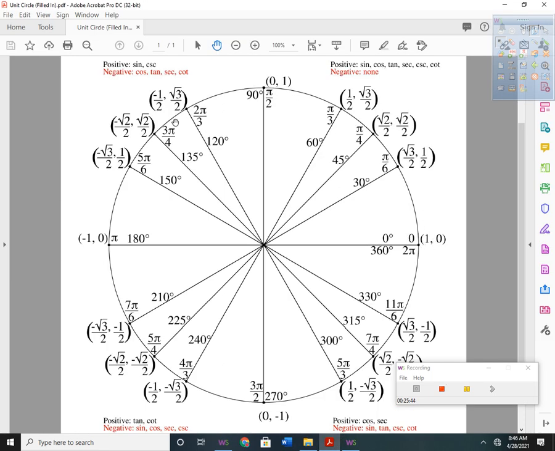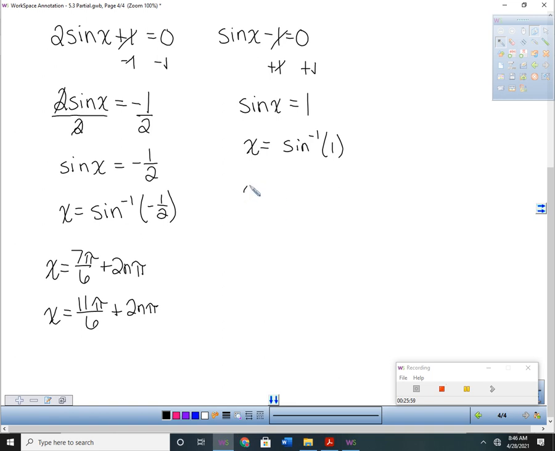That's pi over 2, and that's it, right? So pi over 2 plus 2n pi. I don't have any other angles here that have a sine value of 1. So I've got x is equal to pi over 2 plus 2n pi. And that is not going to repeat with either of these, correct? So that is an answer along with these two.